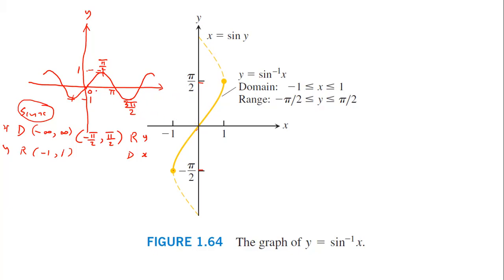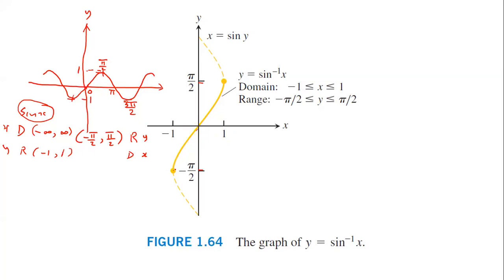So over here, we picked as representatives of the domain minus pi over 2 to pi over 2. And from that, we also deduce the range to be -1 and 1. And then we just swap them. We made the domain the range and the range the domain.